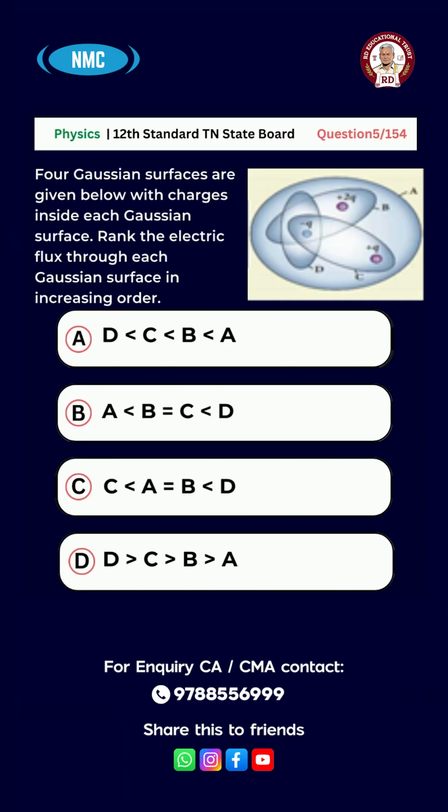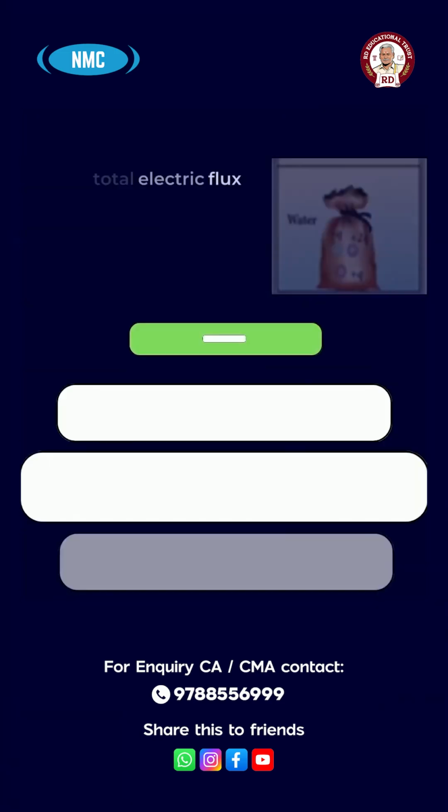Option A, D less than C less than B less than A. B, A less than B equal to C less than D. C, C less than A equal to B less than D. D, D greater than C greater than B greater than A. The right answer for this question is option A, D less than C less than B less than A.